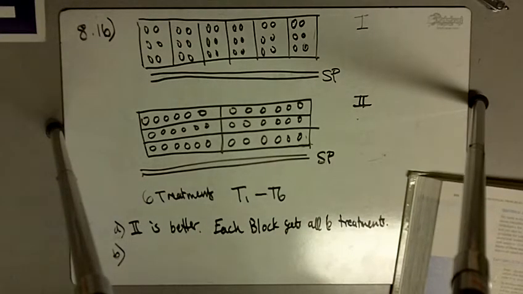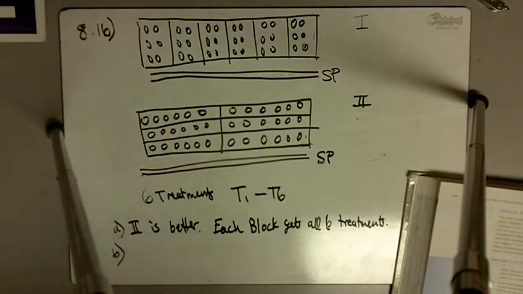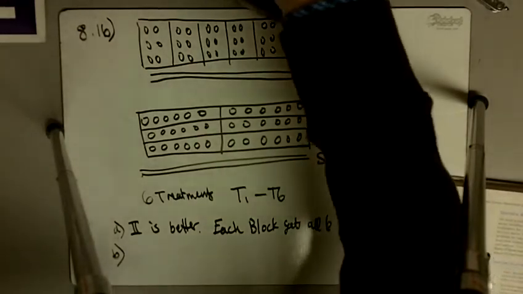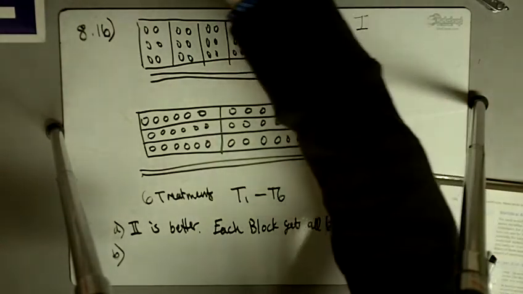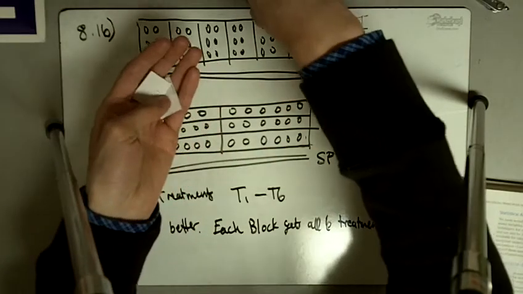Part B says, prepare a randomized allocation of treatments to the pots within each block. And so in this case, we can actually use numbers 1 through 6 from our strips of paper again.